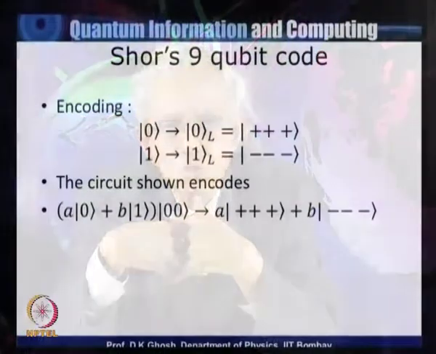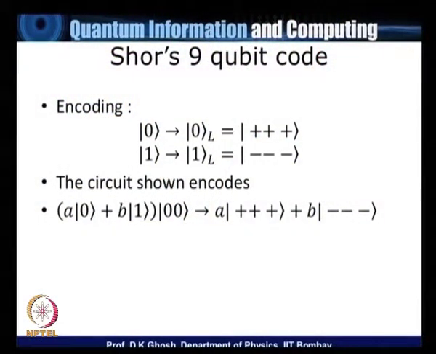We had seen the coding circuit for such a situation, and we said that our purpose is to encode the state 0 as 0 logical, which is written in a compact form as plus plus plus, and 1 as 1 logical, which is written as minus minus minus, where plus plus plus stands for 0 0 0 plus 1 1 1 by square root of 2, three times. So let us look at this circuit again.